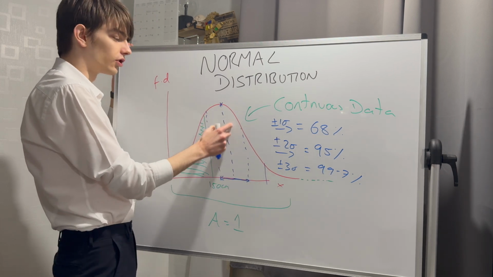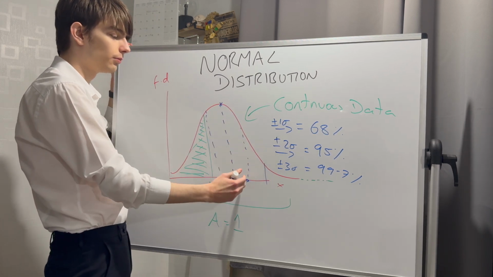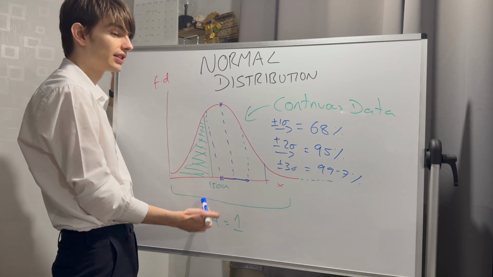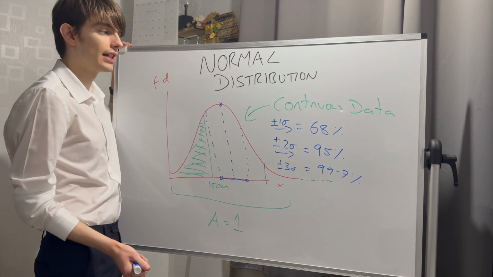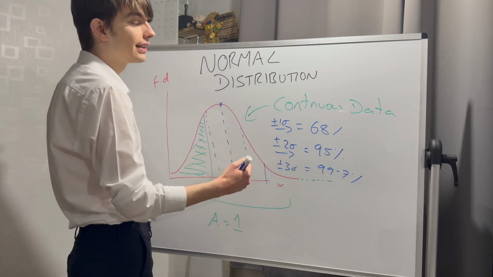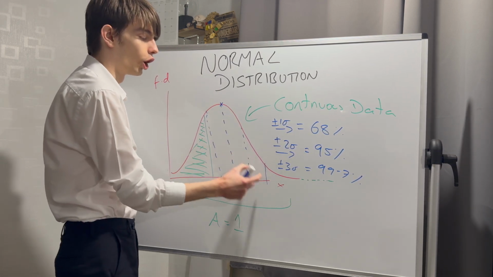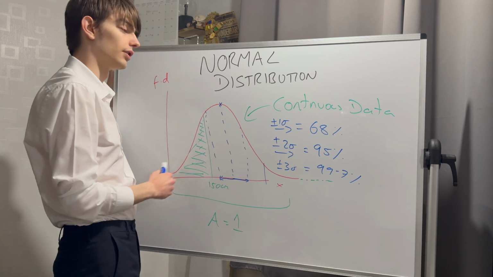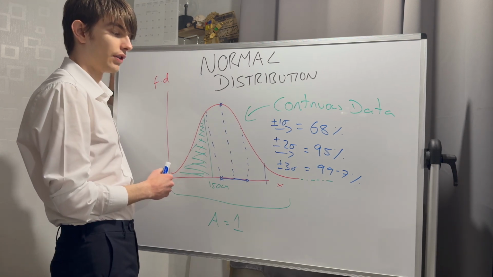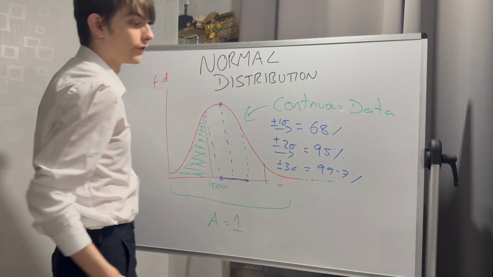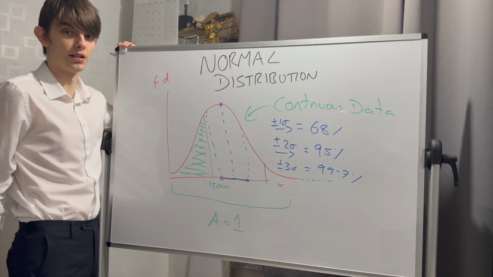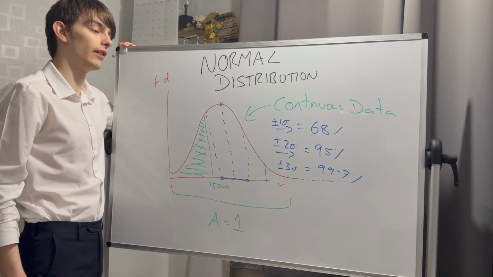We can always just have a look at our graph, draw some lines when we know our standard deviations, and I'll show you some calculations of that in the next video, and find out how much data are within these different segments. Within 3 standard deviations, we have almost all of the data we could possibly need, and we can guarantee that every time.